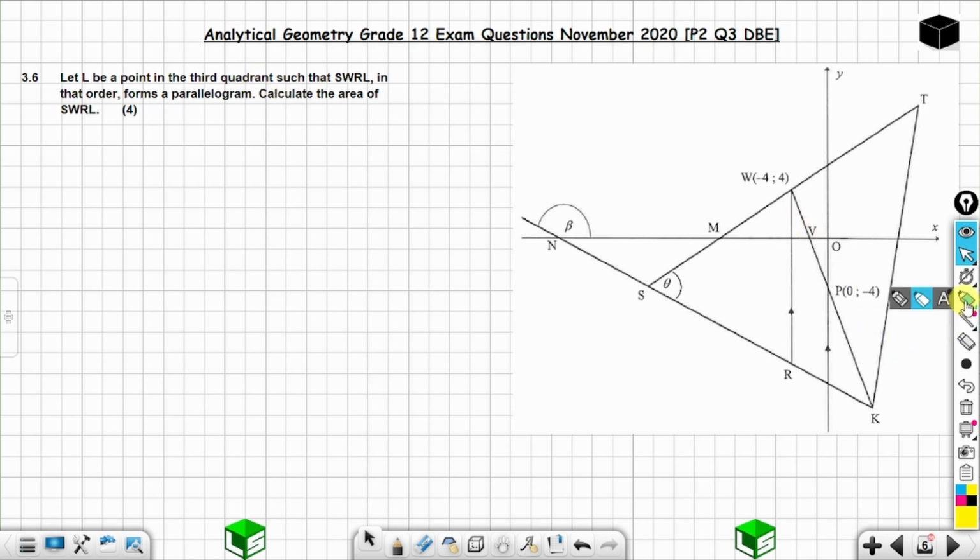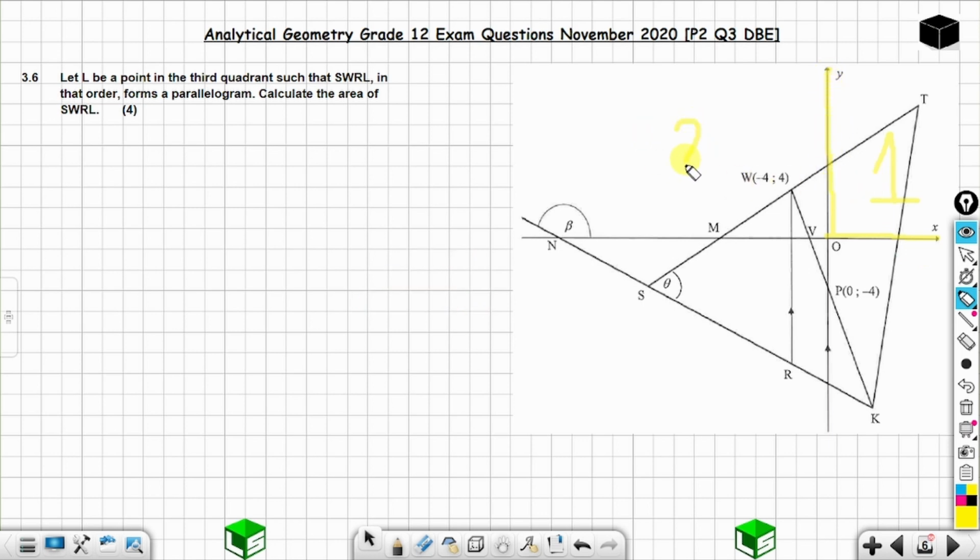The first quadrant is always formed by the positive x-axis and the positive y-axis, okay.